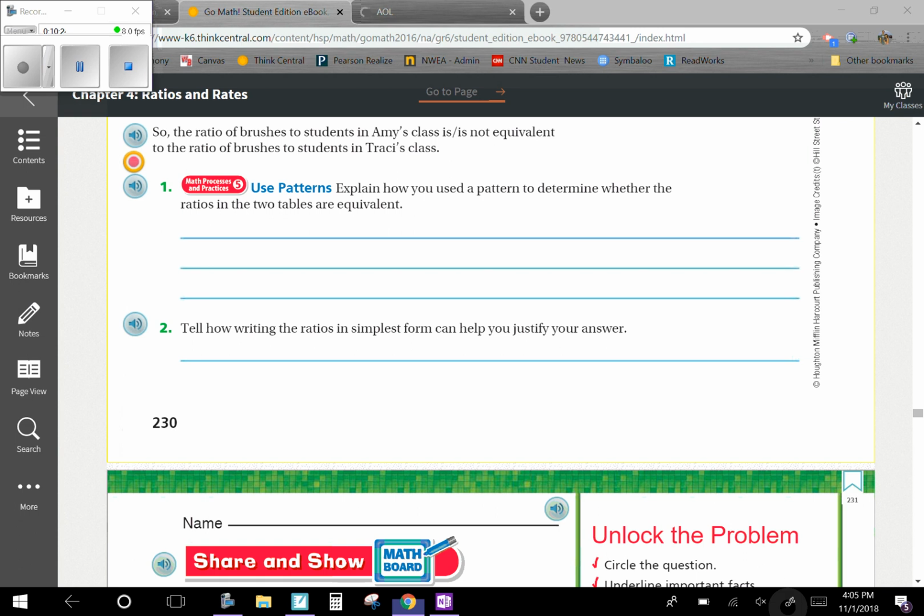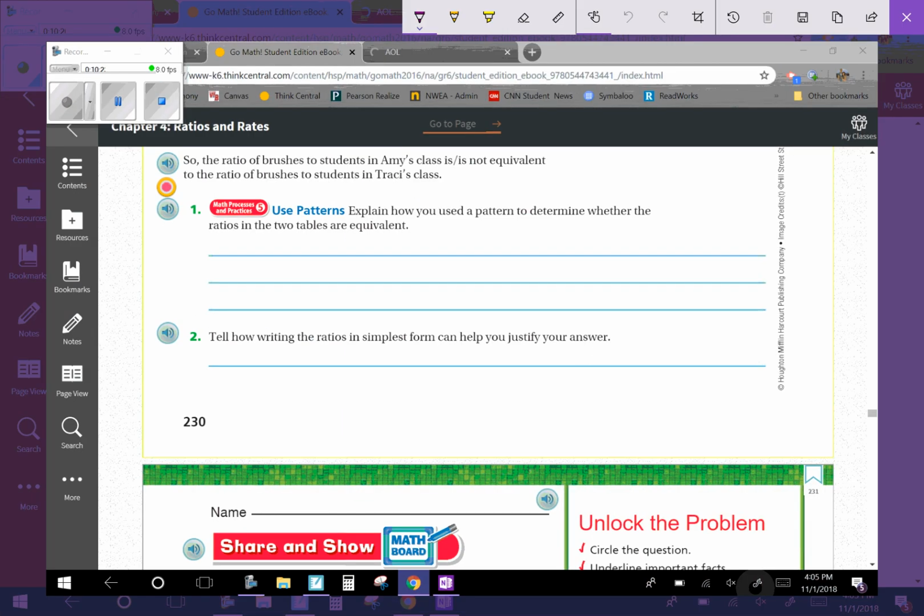Use patterns. Explain how you used a pattern to determine whether the ratios in the two tables are equivalent. So I saw that both tables include the ratio 18 to 12.